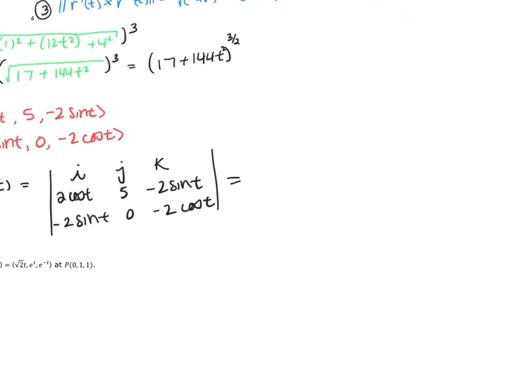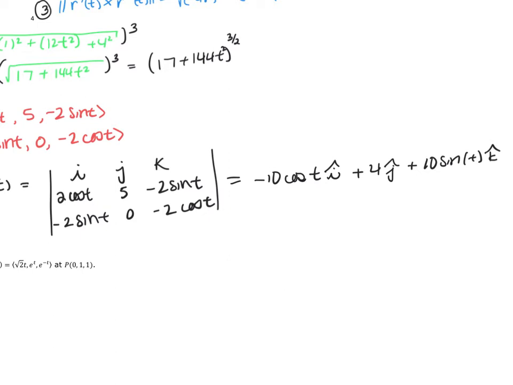And when we get done, we get negative 10 cosine of t in the i direction, plus 4 in the j direction, plus 10 sine of t in the k direction.